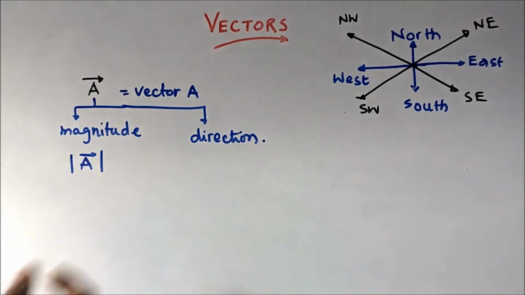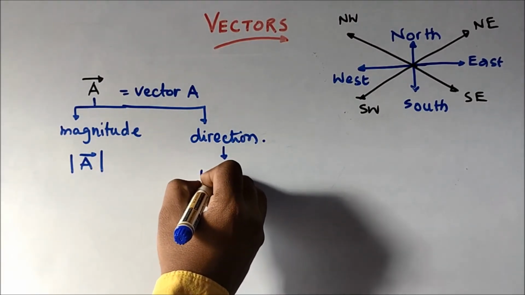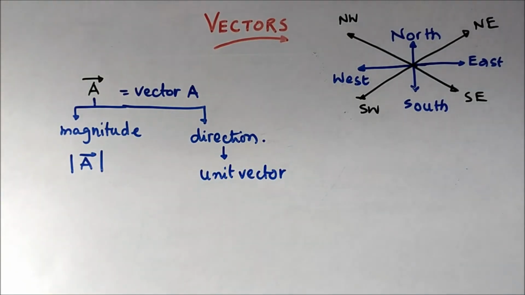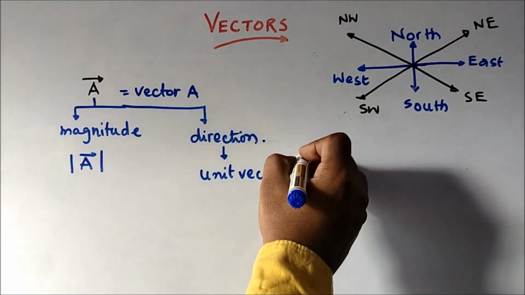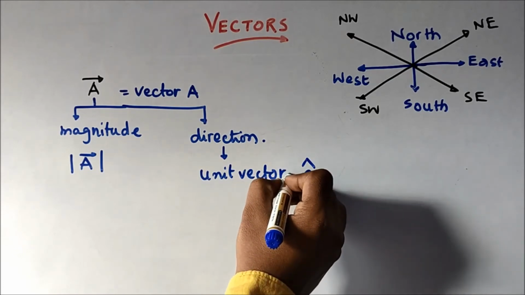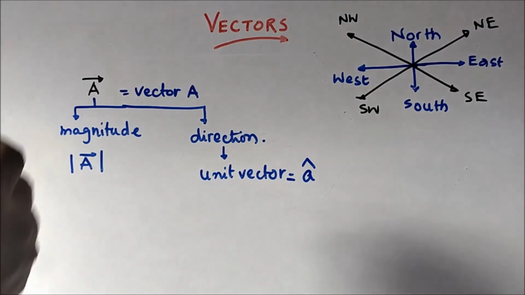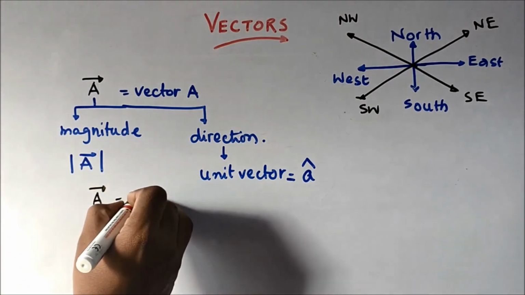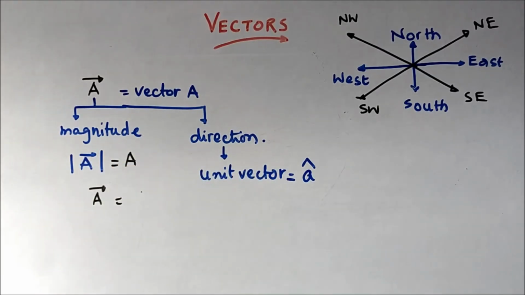And direction is represented by a unit vector. How do you differentiate whether a given quantity is a unit vector or not? Let us say the direction of A is A. The unit vector is represented as A cap. Whenever you see A cap, you will understand that that is the direction. Let us write mod of vector A as just simple A for simplicity.